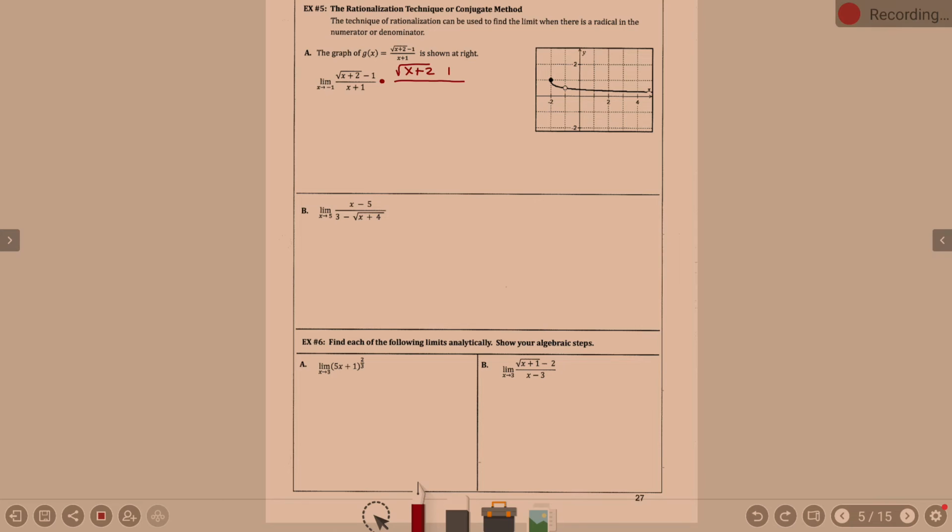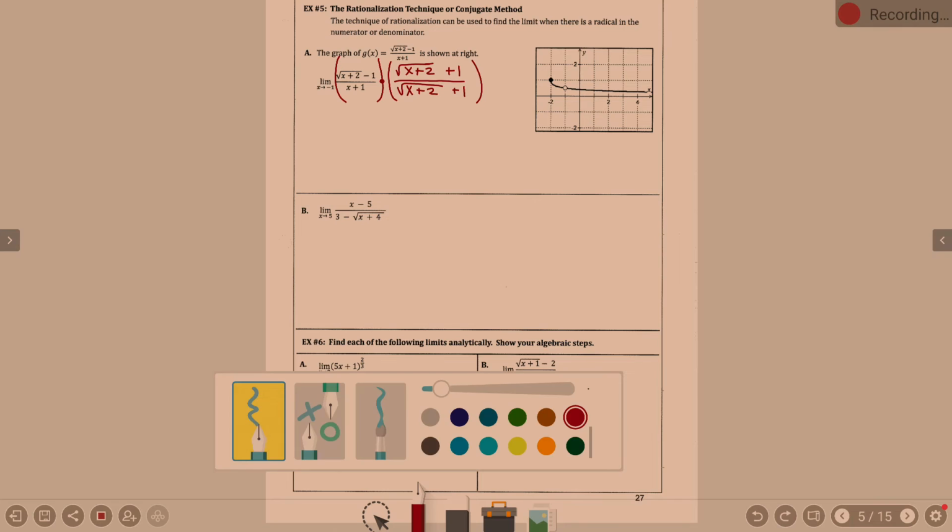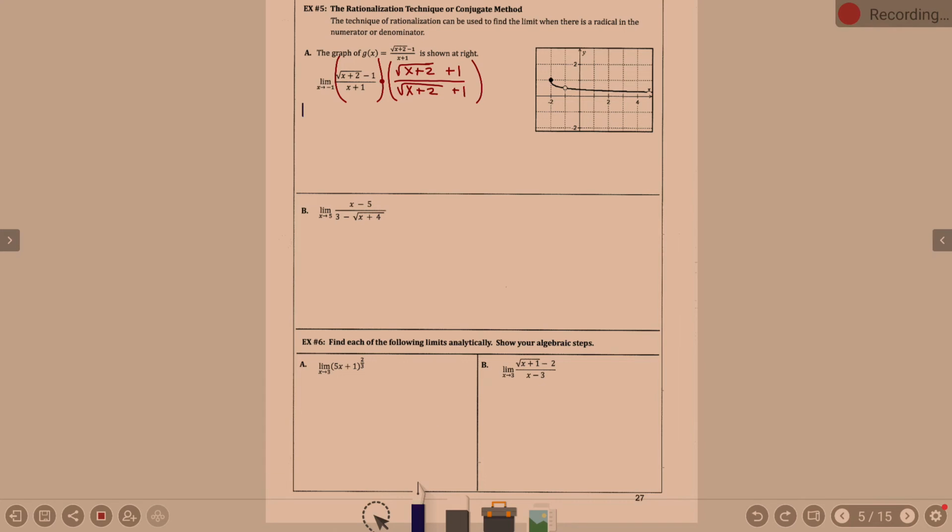Right, square root of x plus 2 plus 1. What we do to the numerator, we do to the denominator. So the limit as x approaches -1. Now, on top, how are we multiplying those?